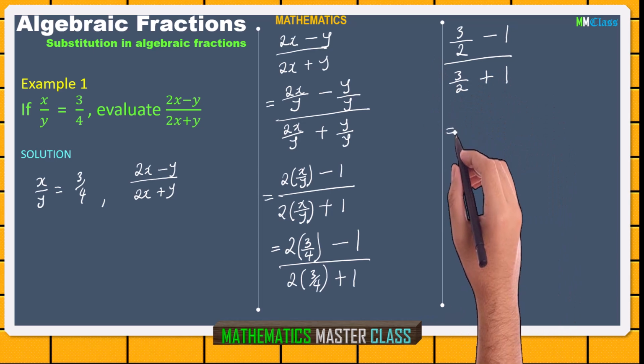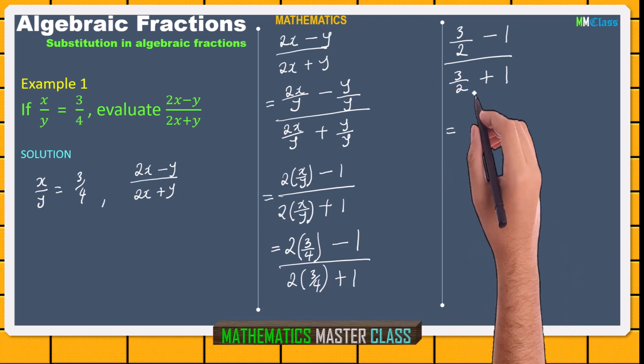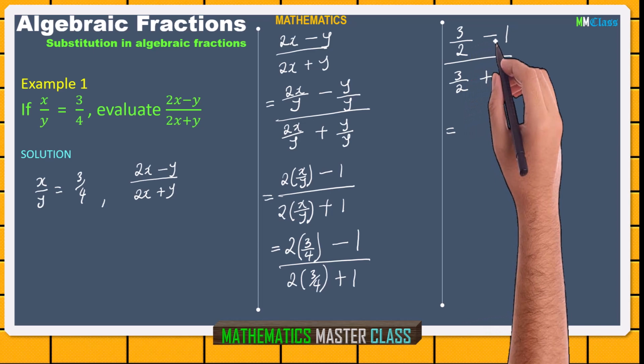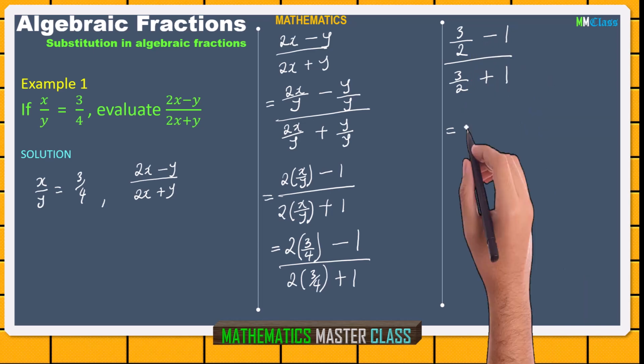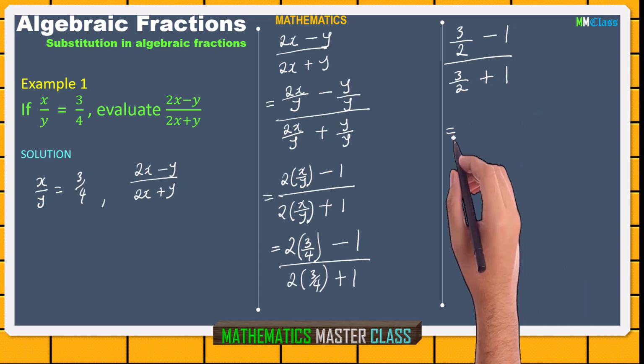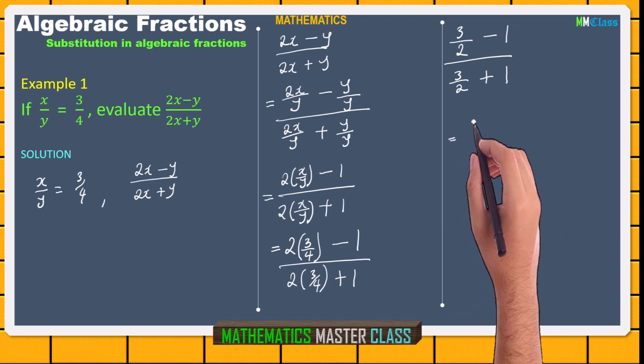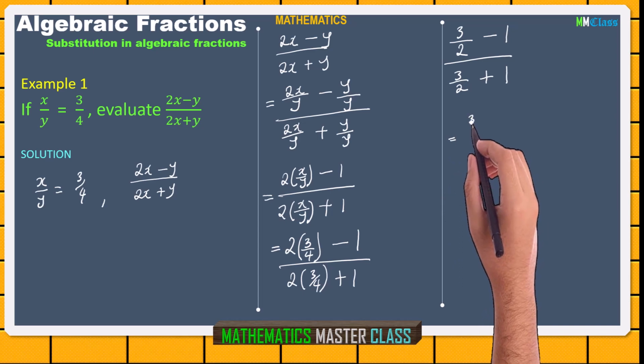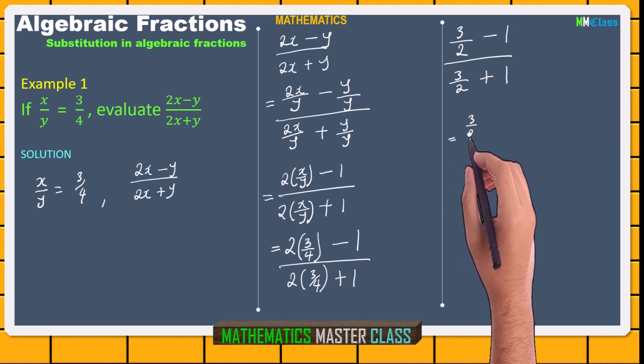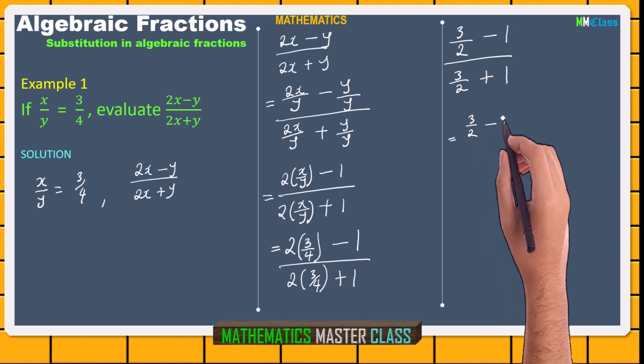So this will be equal to, now we are going to solve the numerator. That is 3 over 2 minus, we make it 2 over 2.